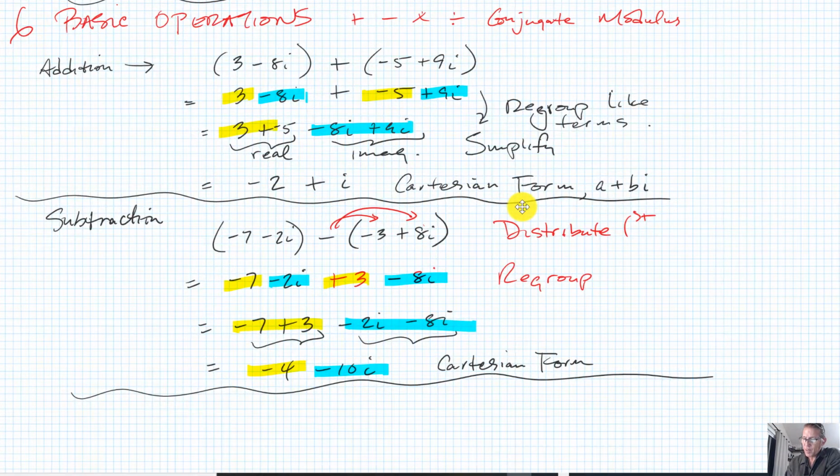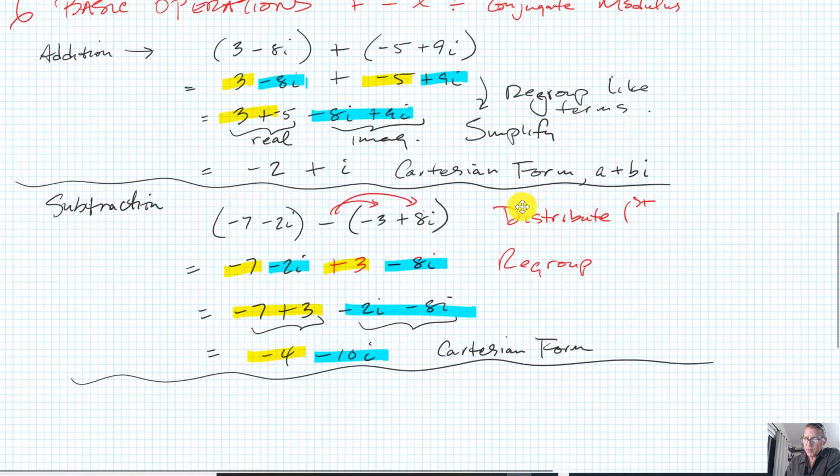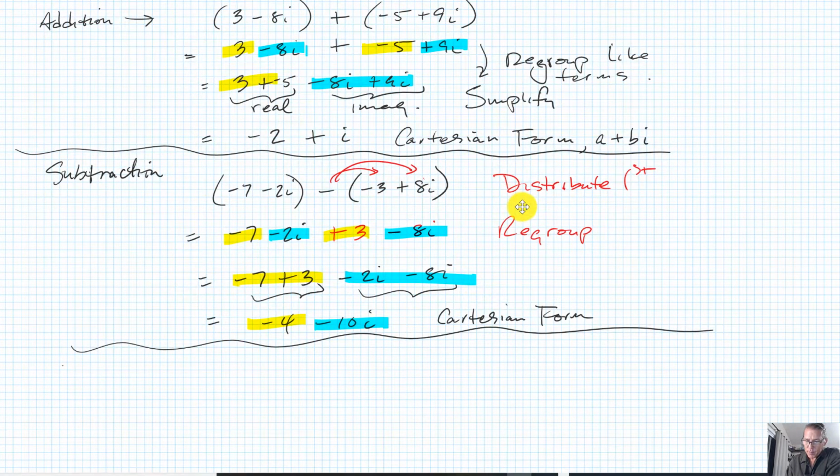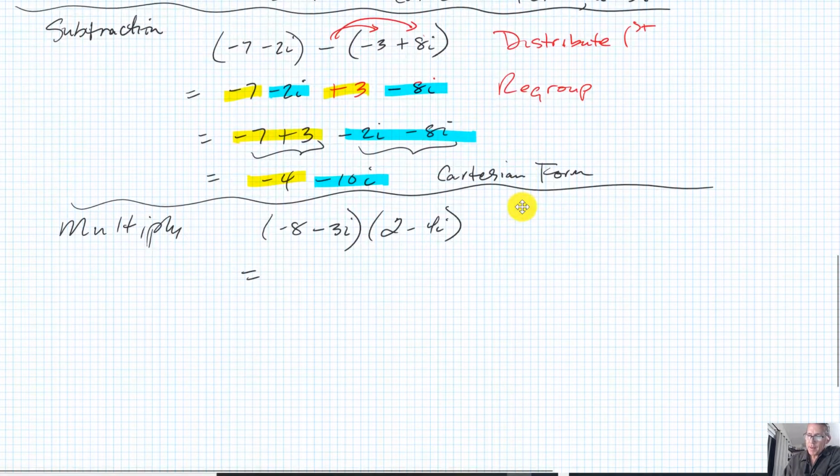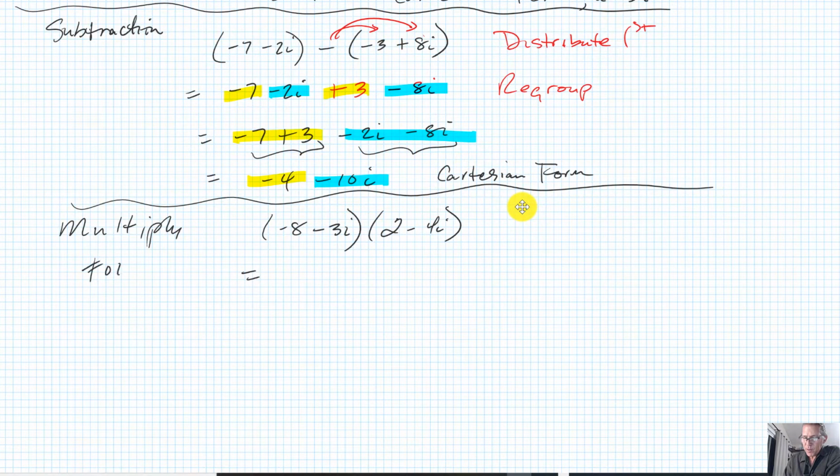Okay, now let's multiply here. So adding, subtracting, multiplying. Let's take negative 8 minus 3i times 2 minus 4i. I'm just making up numbers here. Now multiply using FOIL or the distributive property. Nothing new.